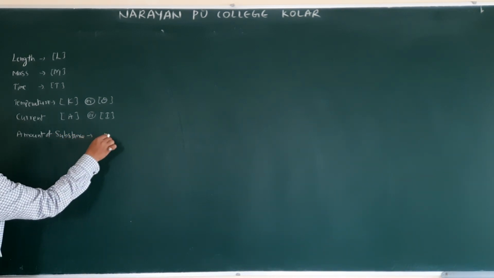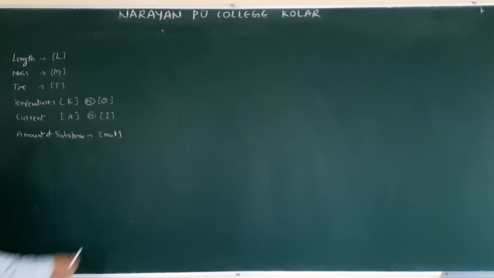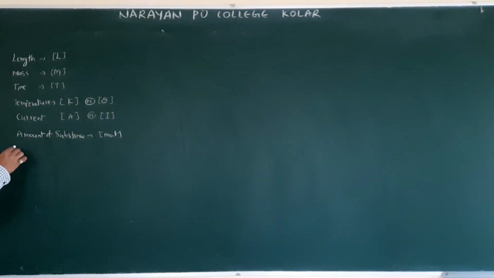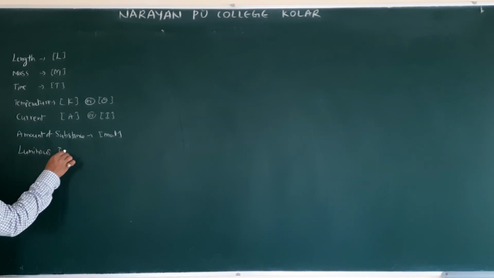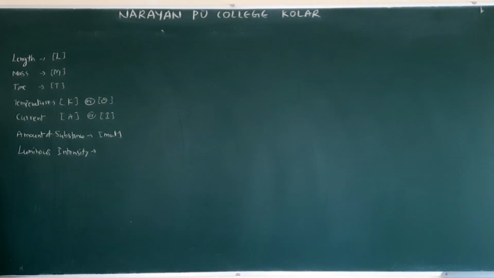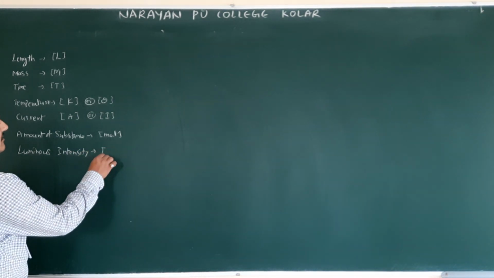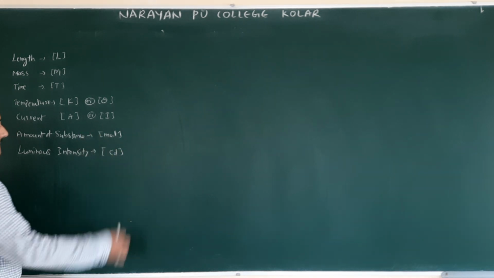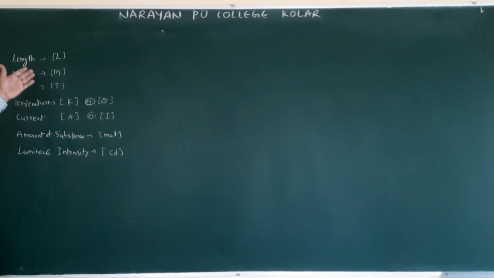Amount of substance is represented with mol. Next, luminous intensity, which won't come often. I have also seen the dimensional formula with candela, cd. So these are the symbolic representations of all 7 fundamental physical quantities.